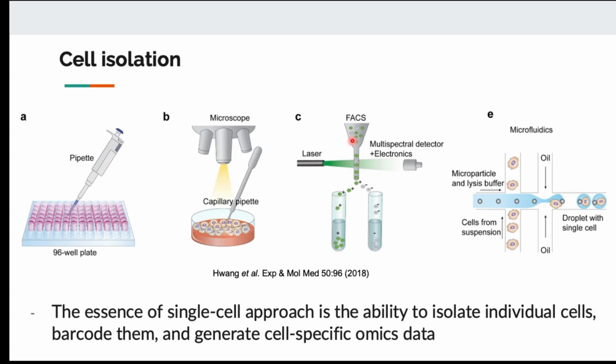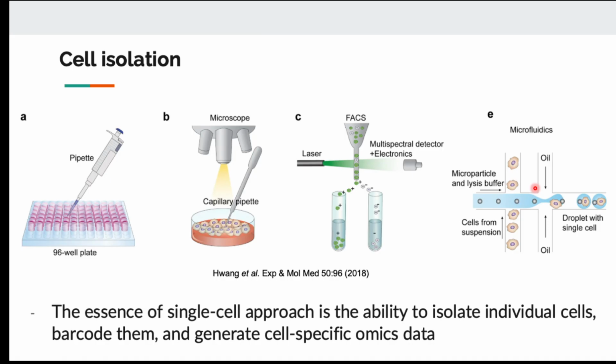Then people came up with FACS, using fluorescent surface signals to sort the cells, because different cell types have different surface markers. So we can sort them into batches, into groups, based on their surface marker signature. But that still relies on knowledge of the cell surface markers. So the modern single cell pipeline is fully automated. We don't need to know how many cell types there are or what protein markers they have.